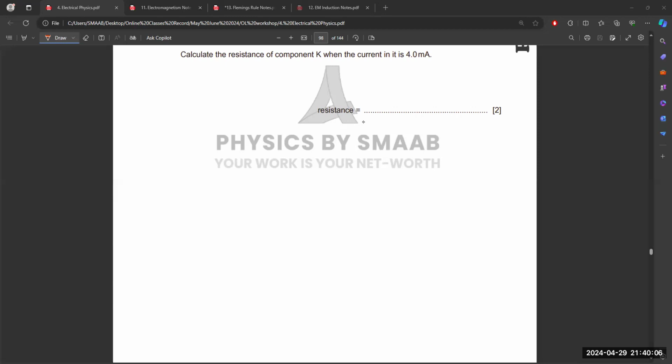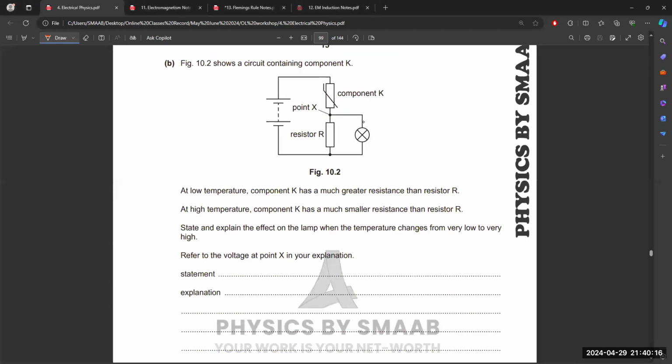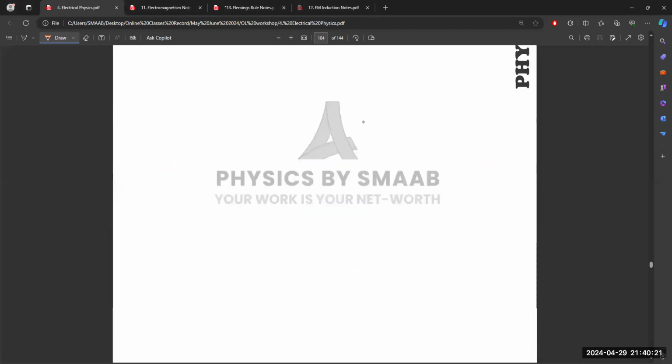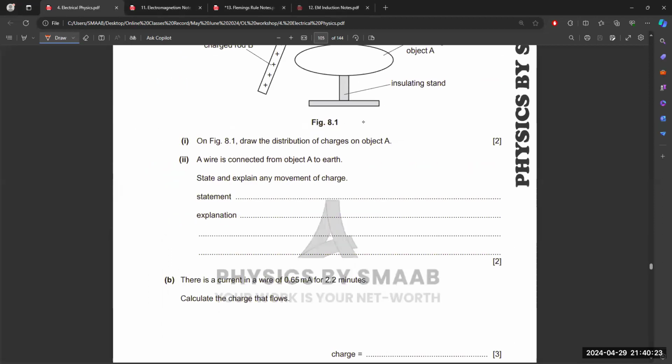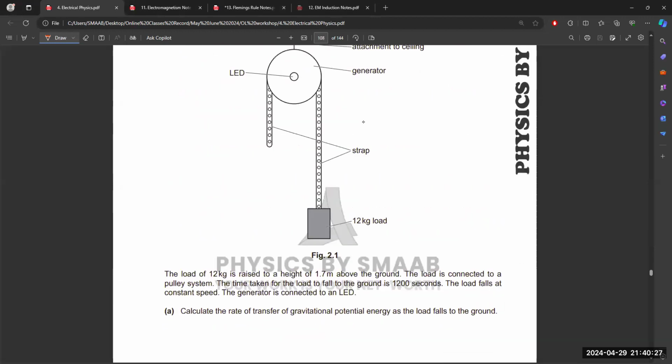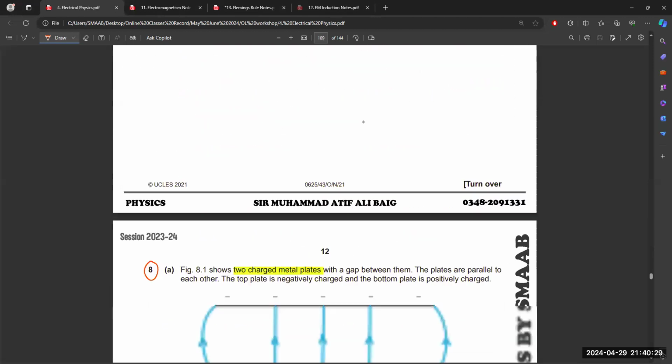Plus, tomorrow, inshallah, we will practice electromagnetic induction questions like from AC generator and from right hand rule, because you observe many questions we skipped are related to the right hand rule and the transformer. Still, there are many electricity questions that we just left as homework.